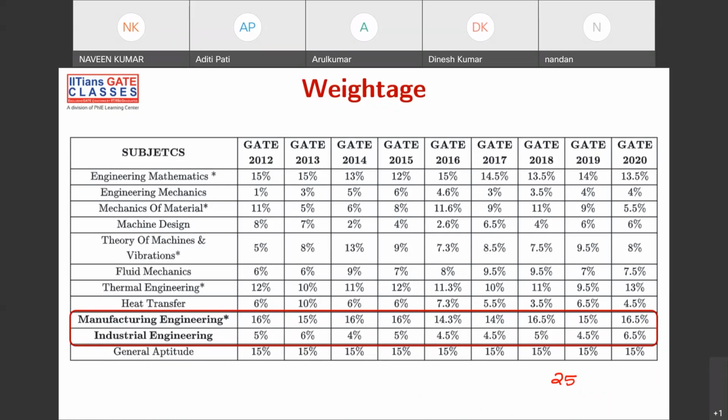If you are very sincere about this, then I'm guaranteeing you 20 marks will be sure from my side. This is not overconfidence. This I'm telling you for sure. It's very easy. Okay, next.